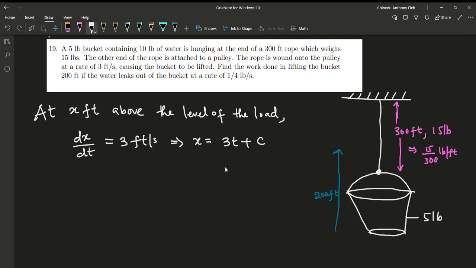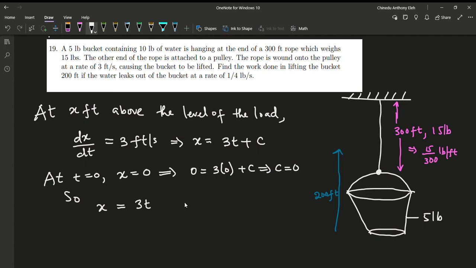And again, since we are considering x to be height, which means it starts from 0, at time equals 0 the height is 0. This implies that 0 is equal to 3 times 0 plus c, which gives that c is 0. So x, the height above the level of the load, depends on t by this equation.